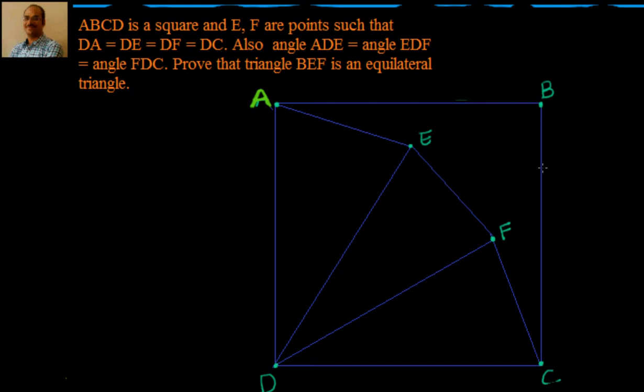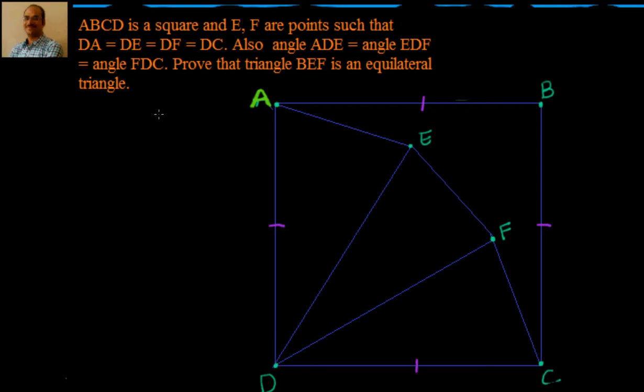There are a couple of approaches to solve this problem. We will look at one approach in this session, and in the next session, we will look into the other approach. Let's first understand what is given to us. ABCD is a square, so all the sides are equal.